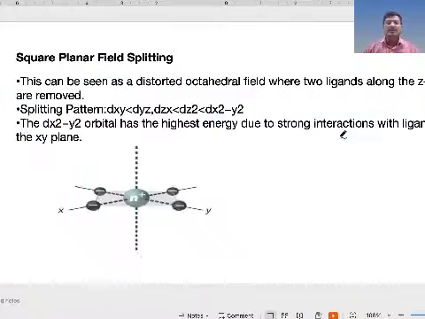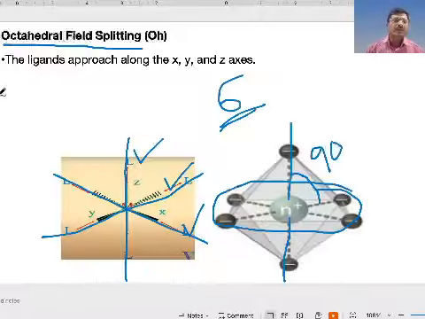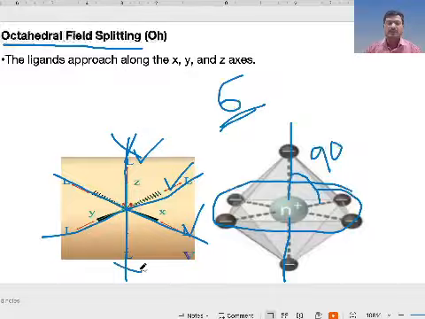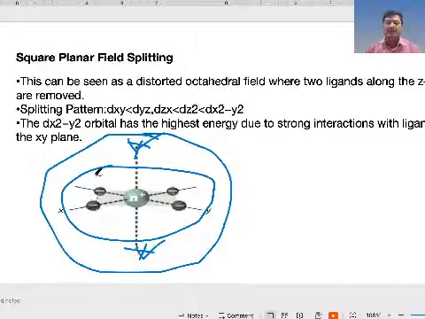Okay, let us come to the next one, splitting of d orbitals in square planar. Same thing, before going to the splitting, first let us see what the square planar shape is. When you remove the two ligands on the z axis from the octahedral shape, you get the square planar structure.